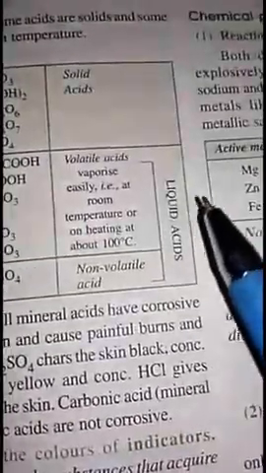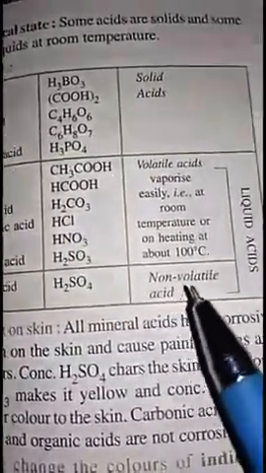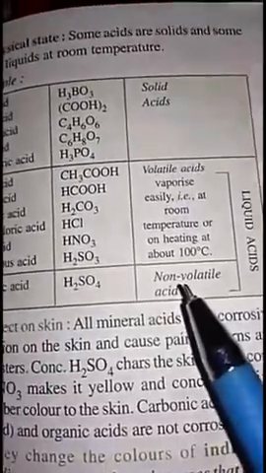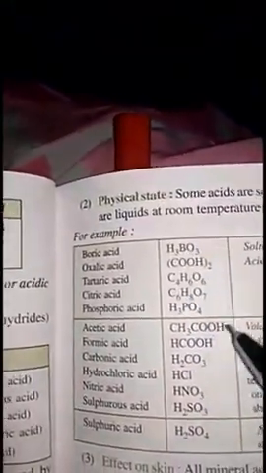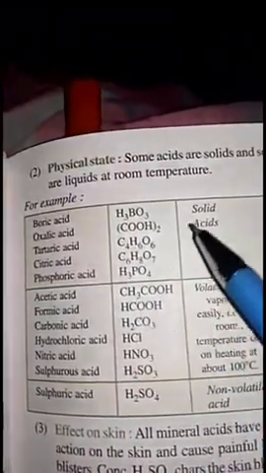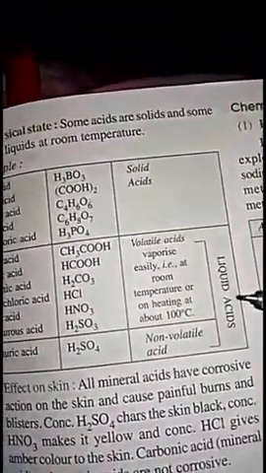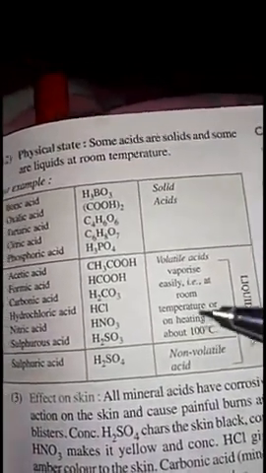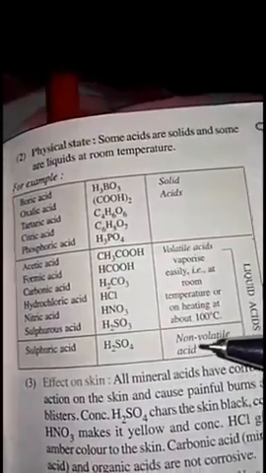Sulfurous is volatile acid, but sulfuric acid is non-volatile. Sulfuric will not change into gaseous state. So now physical state: some acids are in solid state, some acids are in liquid state. Some of the acids are volatile and some of the acids are non-volatile.